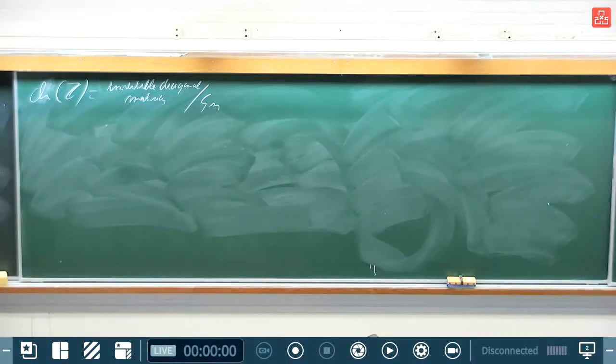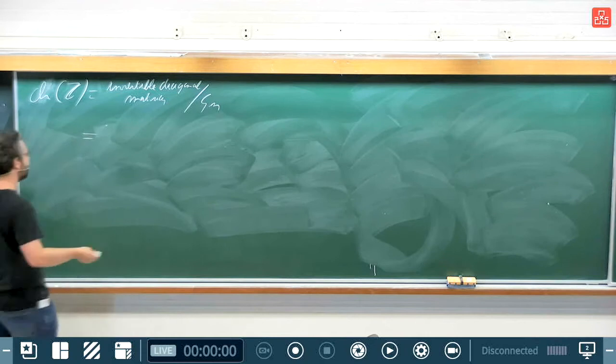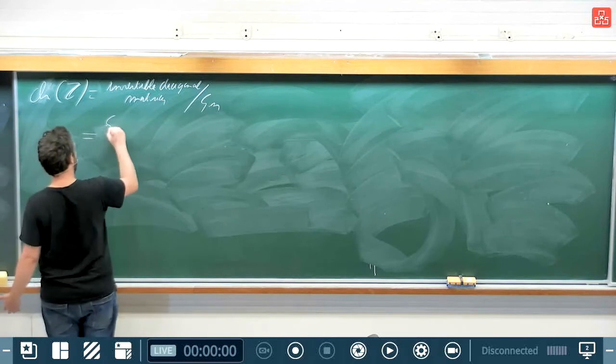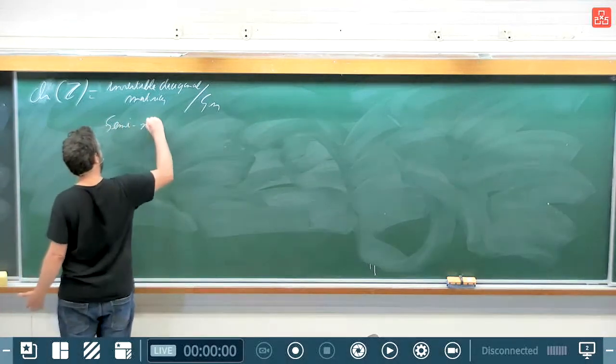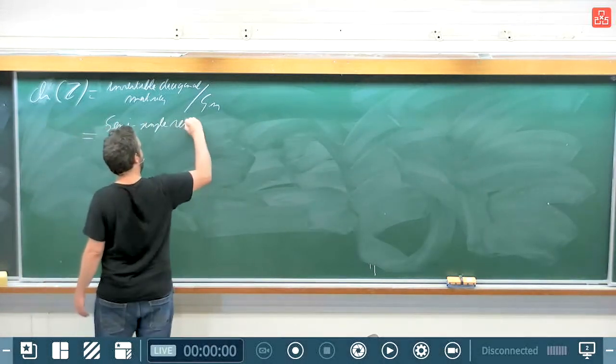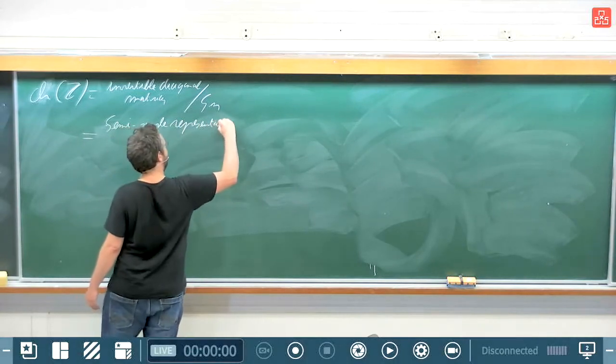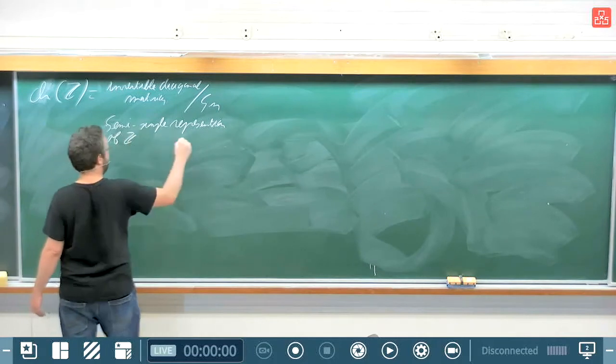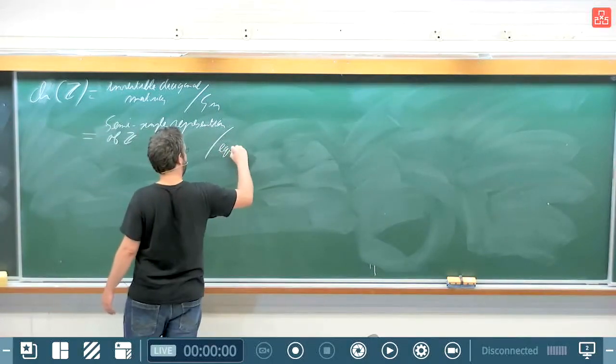But I want to reformulate this again, maybe a little bit too fancily. In that case, an invertible diagonal matrix is the same thing as a semi-simple representation modulo equivalence.